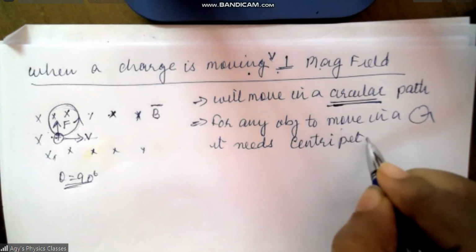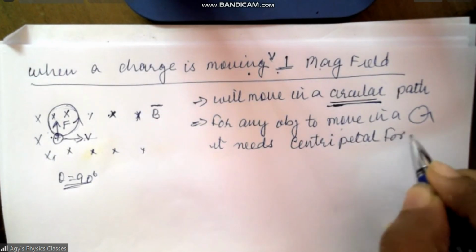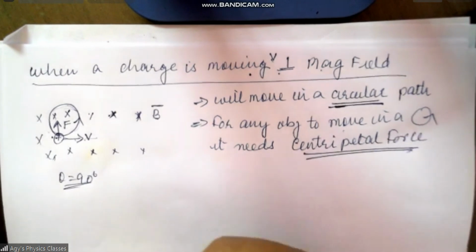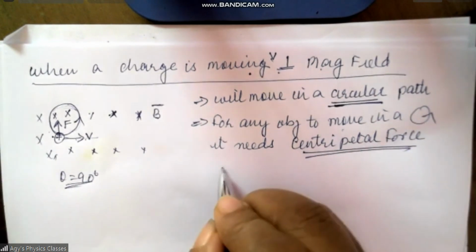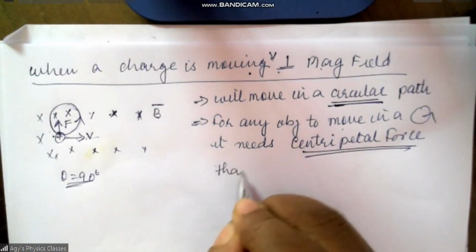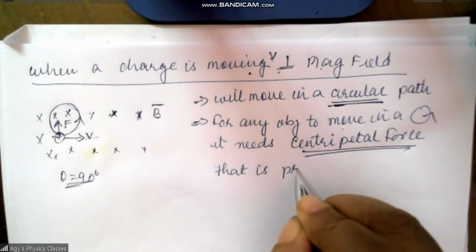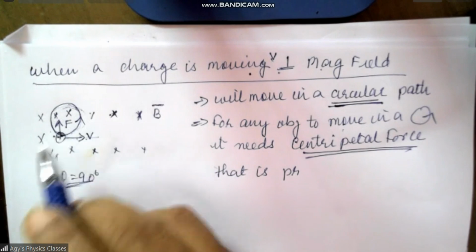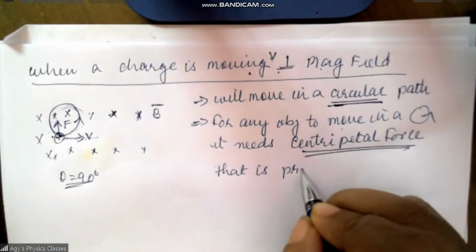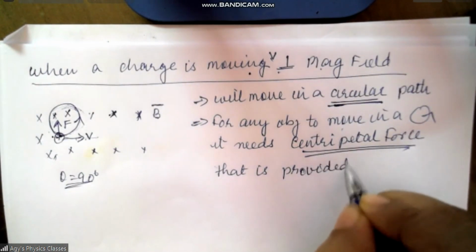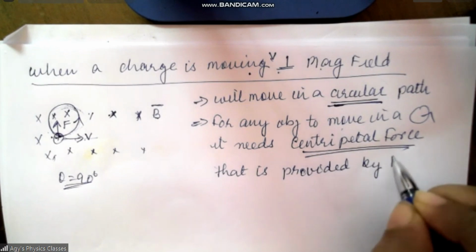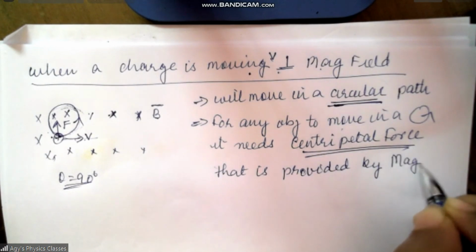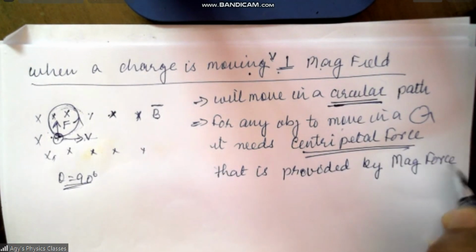And that is provided by what? For this charge also to move in a circular path, it needs centripetal force. That is provided by the magnetic force. Very, very important thing.